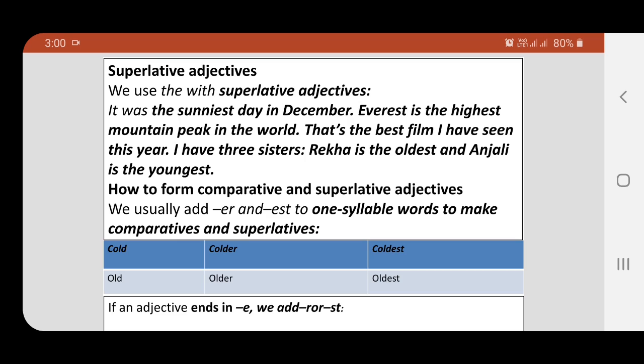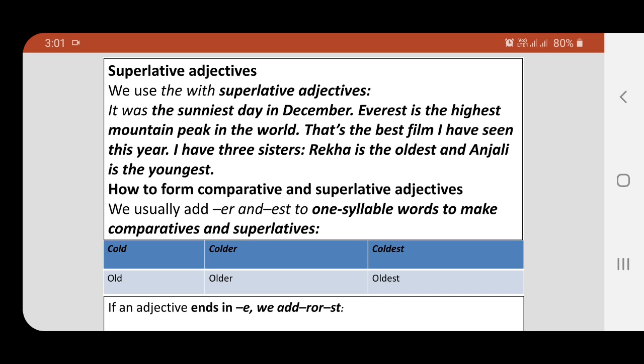So let us see a few more examples that are given in your communicative English book. It was the sunniest day in December. Everest is the highest mountain peak in the world.